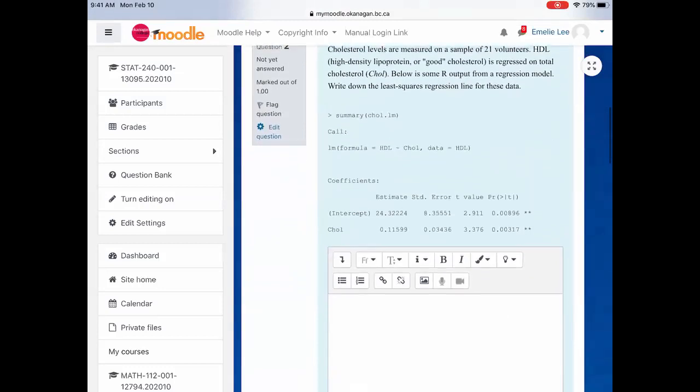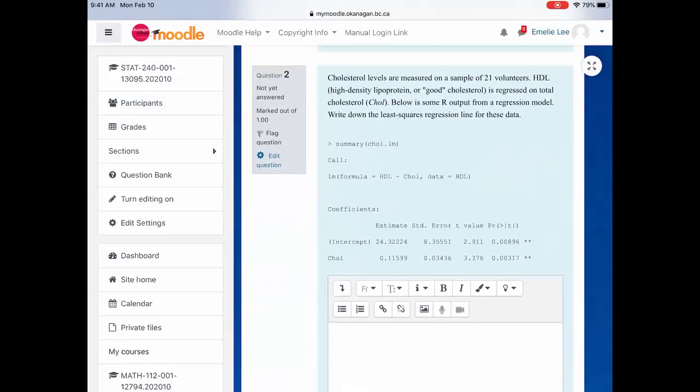But here's the reason I like it: they've already done something like this, right? And so we're going to be interpreting things, like cholesterol levels. Write down the least squares regression line for these data, right? So we've got the cholesterol predicting the HDL, and then you just use these coefficients to write out your regression line.